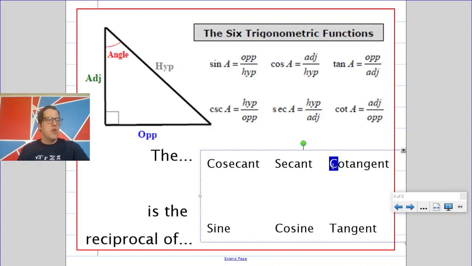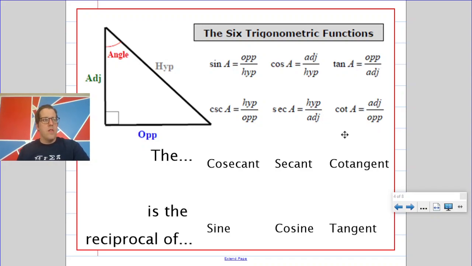And the cotangent and the tangent have one that starts with c and one that doesn't. The benefit of using the cosecant, the secant, and the cotangent is that maybe you want the opposite or reciprocal ratio. So maybe instead of having the hypotenuse in the denominator, you'd like to have the hypotenuse in the numerator. Let's take a quick look at a problem using this.